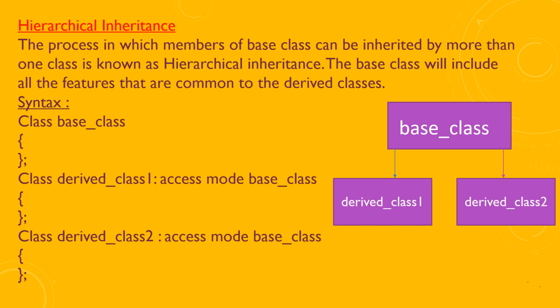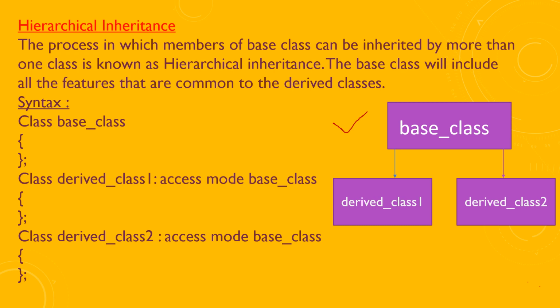Here there will be one base class, as in this diagram also you can see, and there are more than one derived classes, and we can have more than one, that means 2, 3, 4, however many we require in our program.